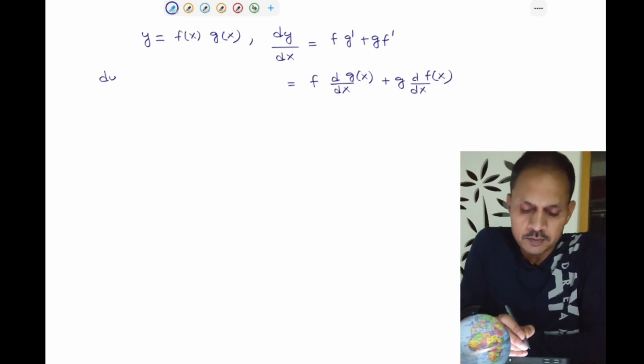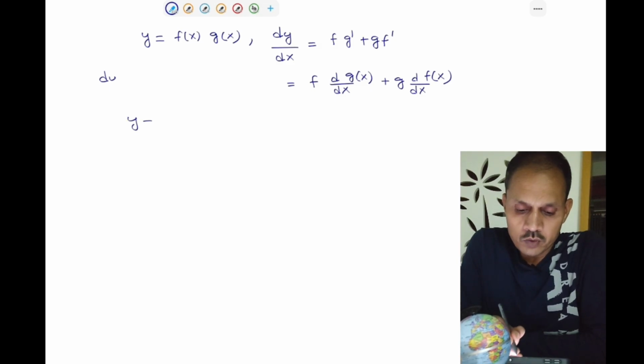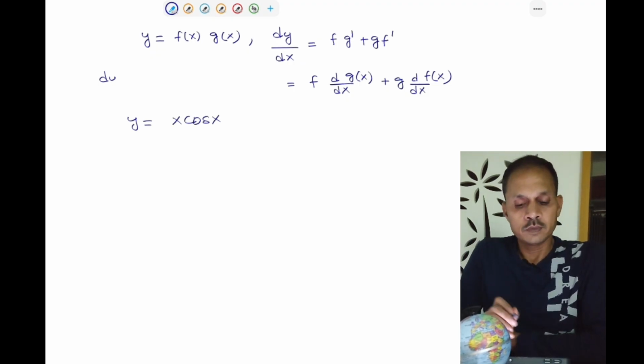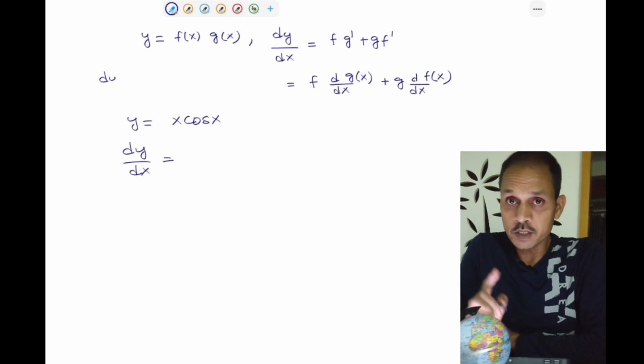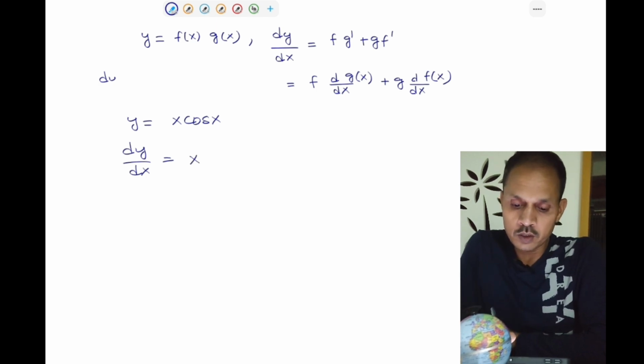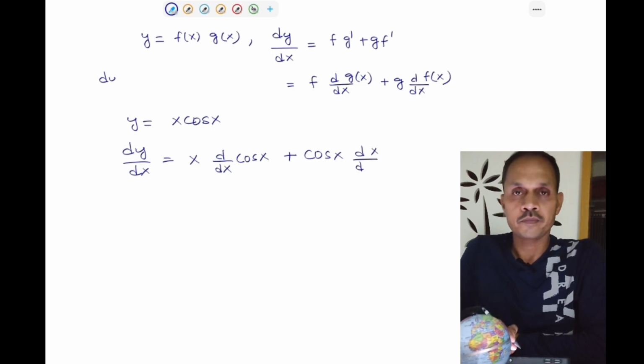Let's do it with an example. Let us say y equal to x cos x. Then the differentiation dy by dx is, first keeping x as it is, differentiating cos x. So x into d by dx of cos x, plus, now reverse, keeping cos x as it is and differentiating x.